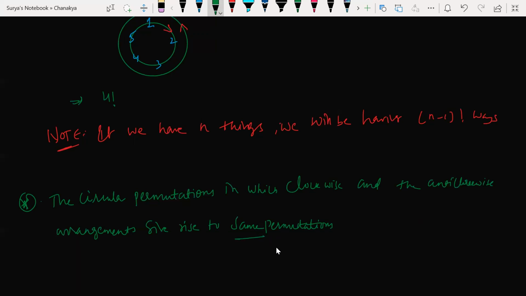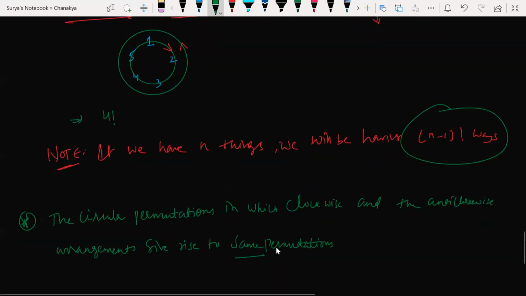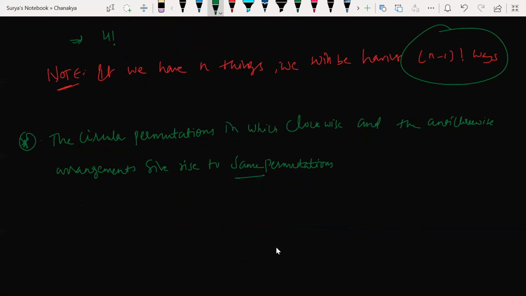When you have different permutations, what is the formula? (n minus 1) factorial ways. When you have same permutations, what is the formula? In this type of case, the number of ways in which n different objects can be arranged is (n minus 1) factorial by 2 ways.